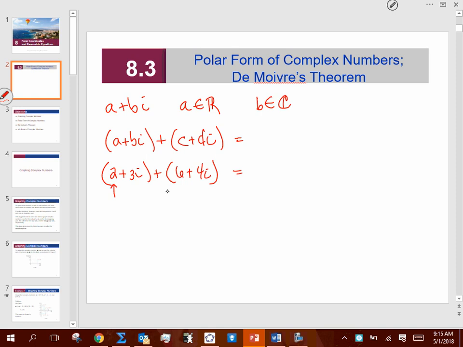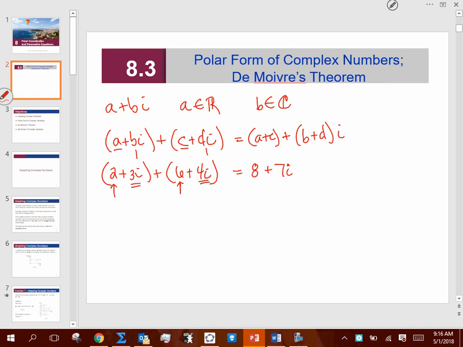Yeah, you add the real numbers, 2 and 6, so it gives you 8, right? And then you add the imaginary components, so that gives you 7i. So in generic form, you took the real parts, a and c, and added them together. You took the imaginary components, bi and di, and added their coefficients together, right? So b plus d.